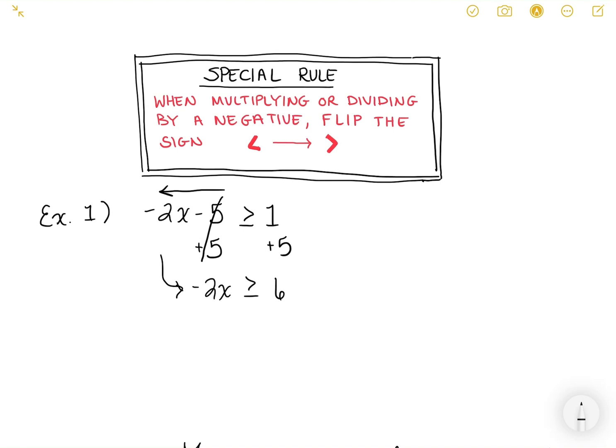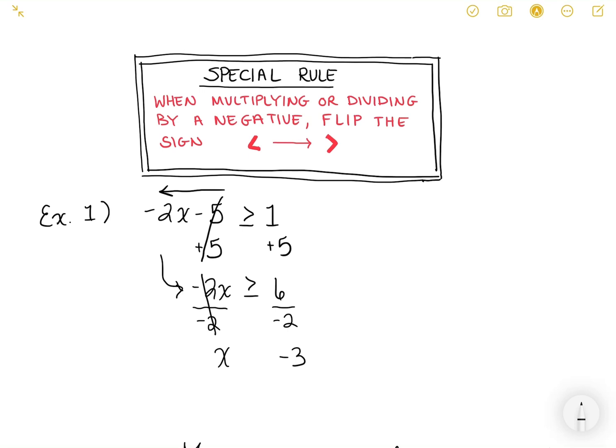In order to undo multiplication, I would divide. On the left side, I cancel out my negative 2, leaving me with x. And on the right side, 6 divided by negative 2 is negative 3. Now remember our special rule.